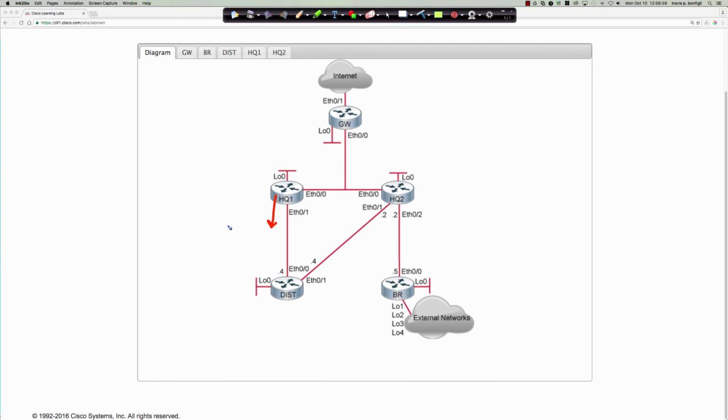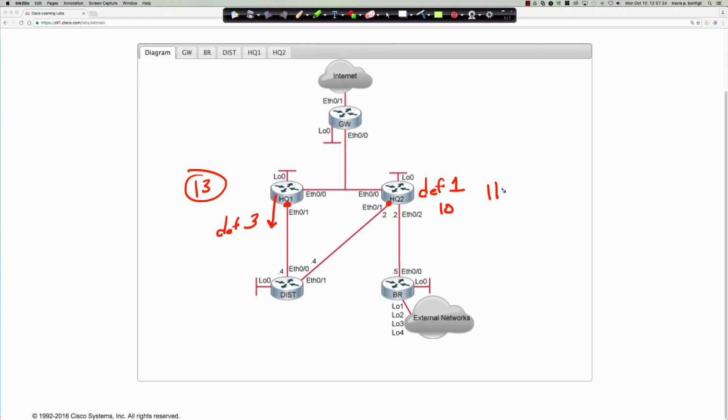basically what I said was the default metric cost here is going to be 3. So the default is 3 plus the outgoing interface of 10 is 13. Over here on HQ2, the default cost is what it normally is, the default of 1 plus 10 for 11.